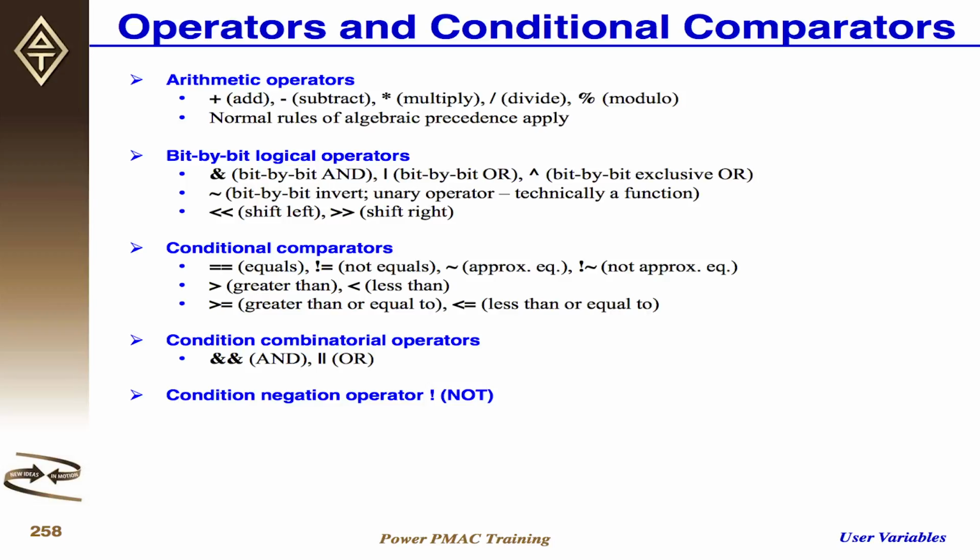Additionally, for comparisons, there are bit-by-bit logical operators: a single ampersand, a single pipe, I think it is the vertical line, or a single caret, which is a bit-by-bit exclusive OR. You can additionally do a bit-by-bit invert. It's technically a function, however it basically fits with these guys here.